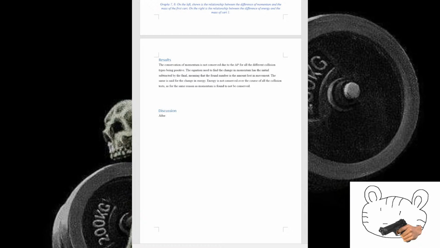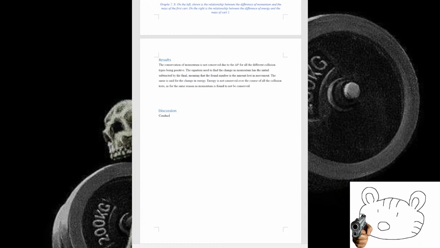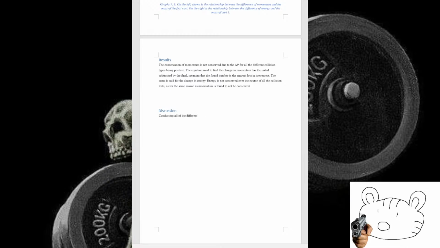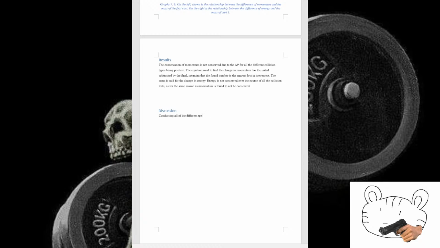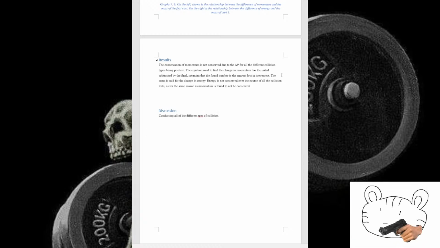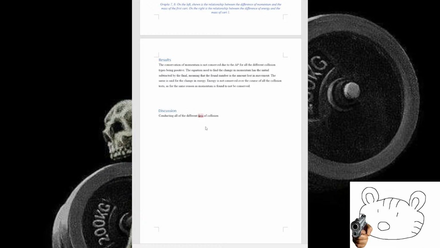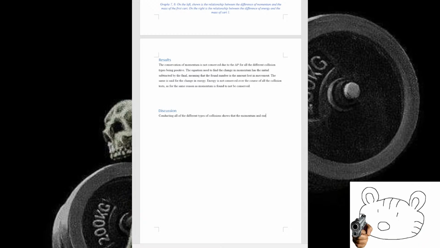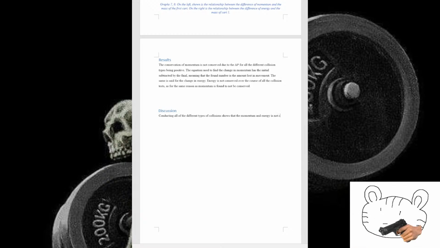After conducting all of the different types of collisions shows that the momentum and energy is not conserved.